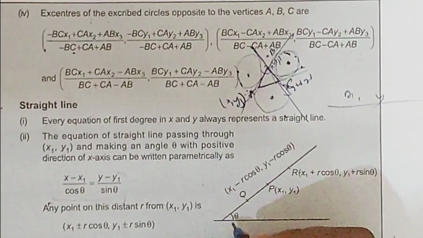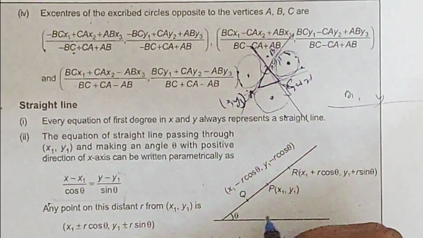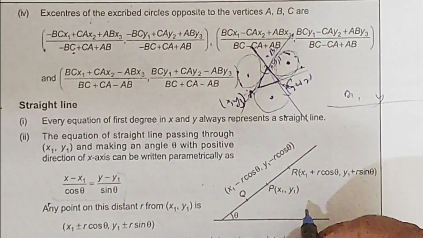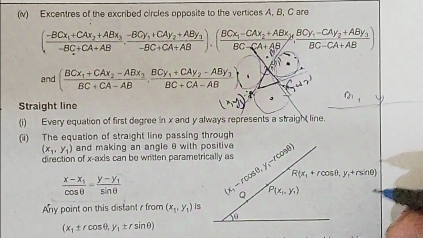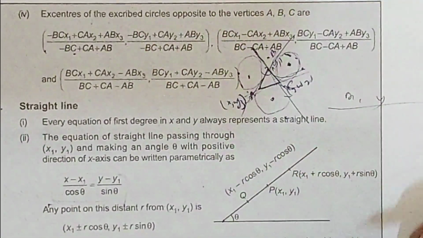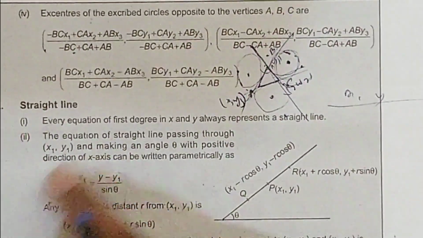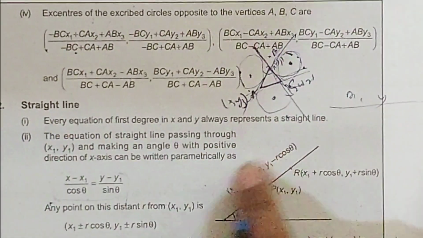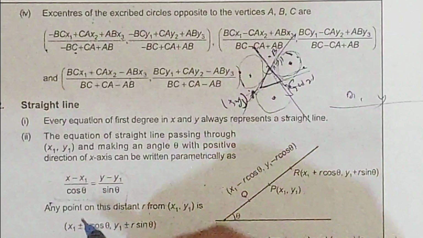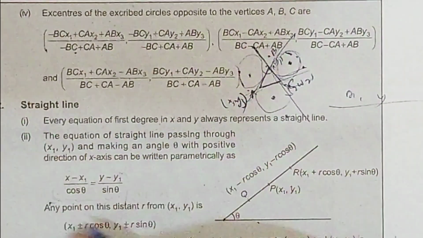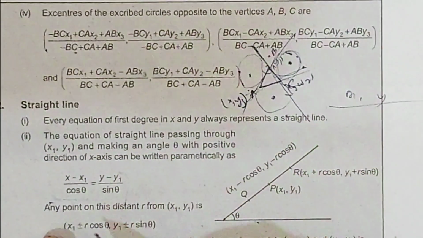If you have been given the angle and you're given x1, y1, then you can easily get the point x. So you can easily get it by using this formula. If you put the value of x1 and the value of theta, you'll get the equation of the line. Very simple.